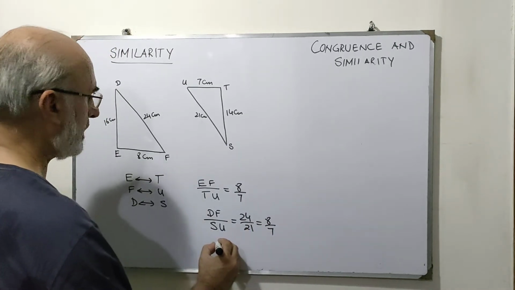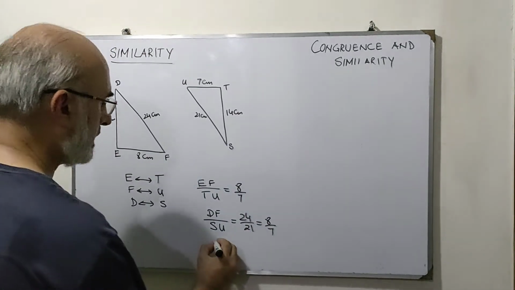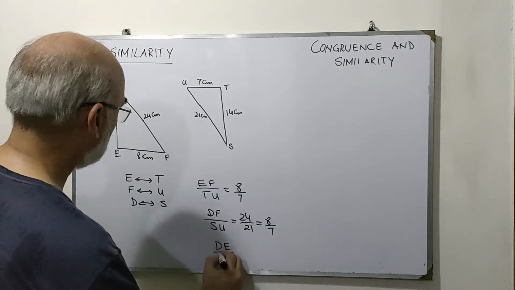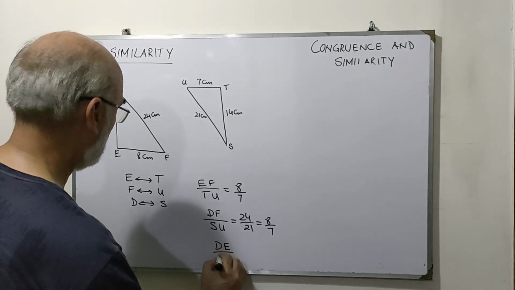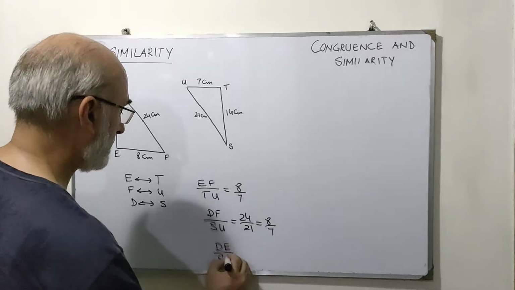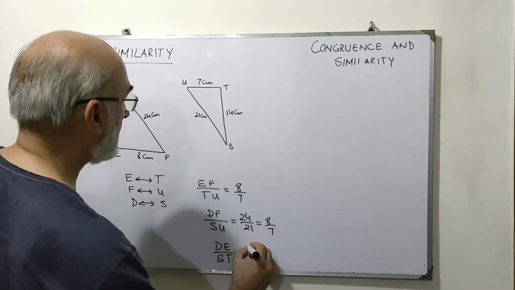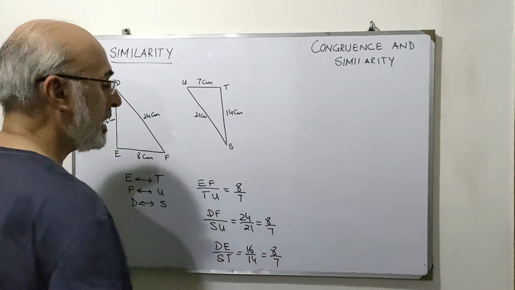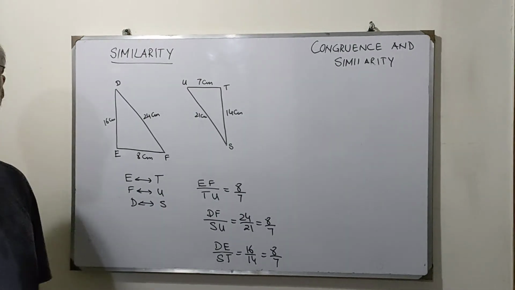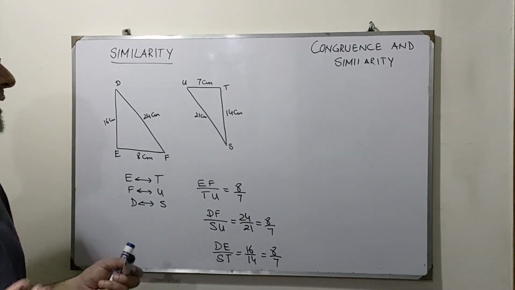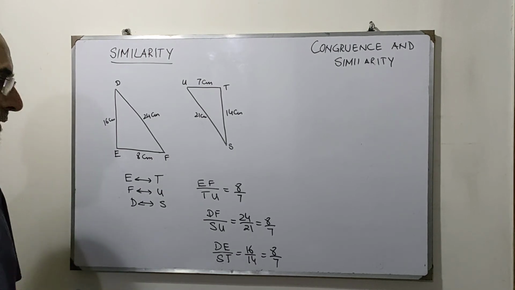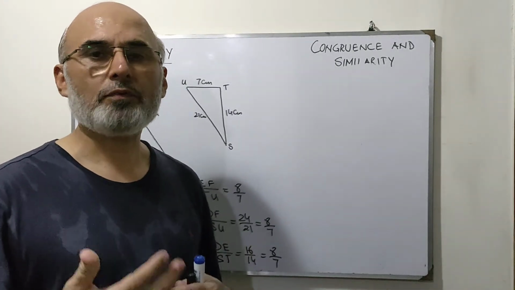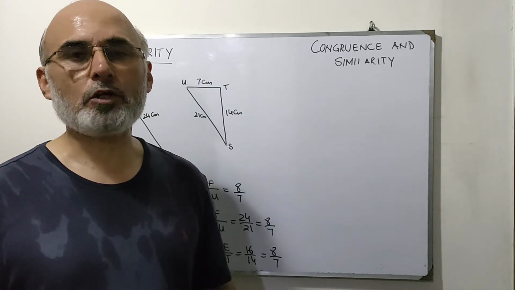And then finally, we have DE over ST, which is 16/14, which is 8/7. So all the ratios are the same, so we can easily say that both the triangles are similar, right? Pretty simple.